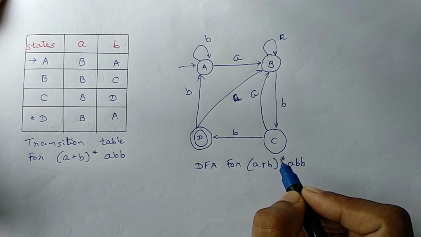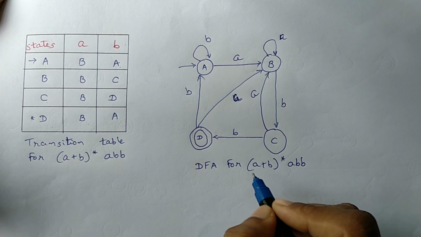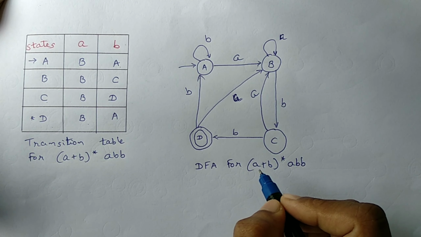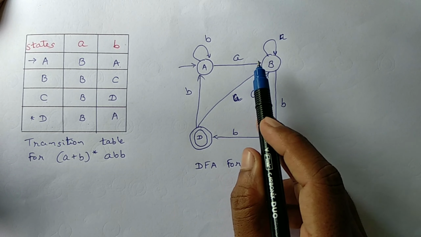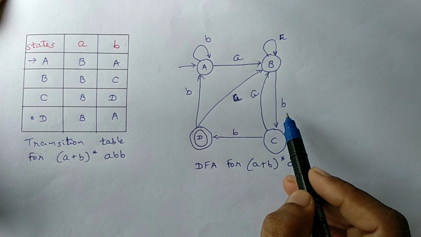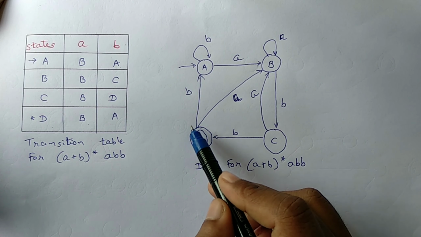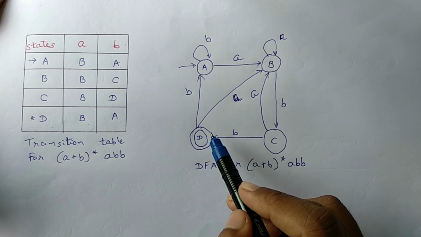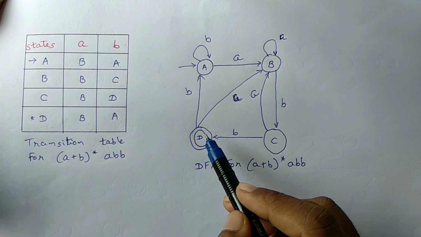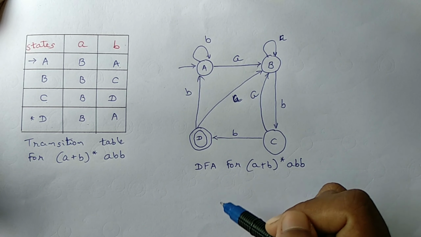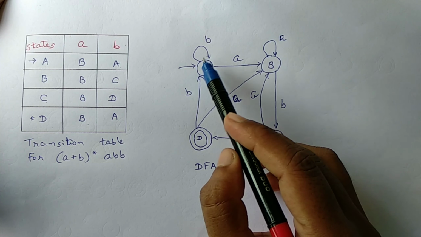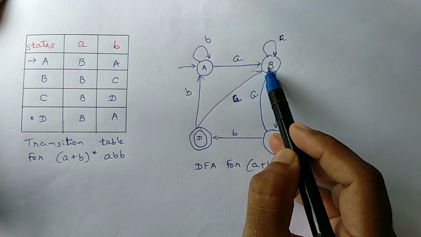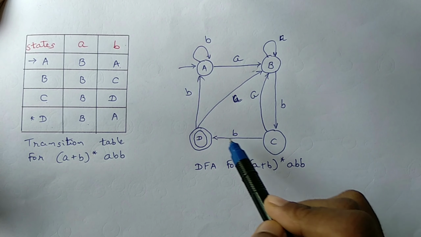Now start with any occurrences of A or B. For example, a string like A, then after that B, B, is also a valid string. If your string starts with B, like B, A, B, B, that is also accepted.